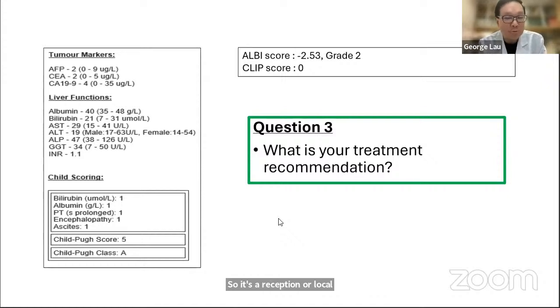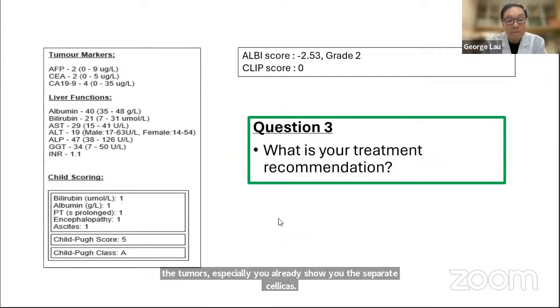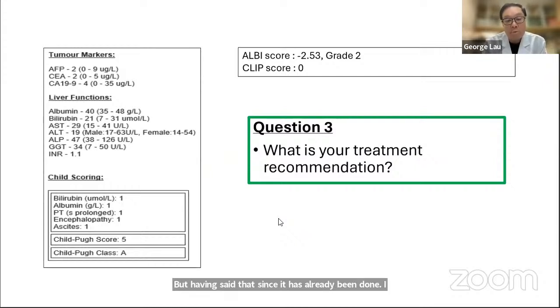Having said that, you do a needle biopsy, which is not our practice here, because our surgeons will be very nervous of seeding the tumors, especially since you already showed it is hepatocellular carcinoma. But since it has already been done, I think we go for local ablation or surgical resection.